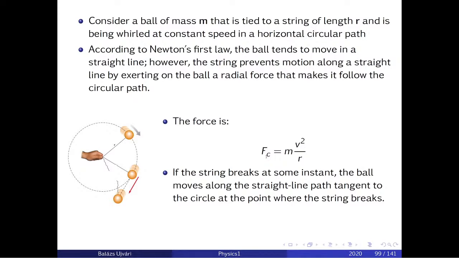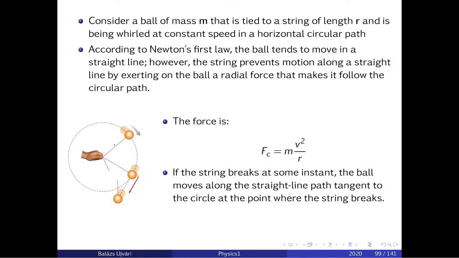If you look at the motion of the body, if there are no more forces, based on Newton's first law, let's forget gravitation now, the body will move with a constant velocity. Constant velocity means it will move on a tangential path.